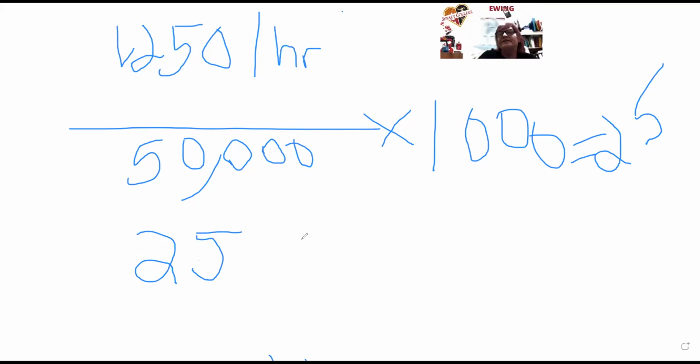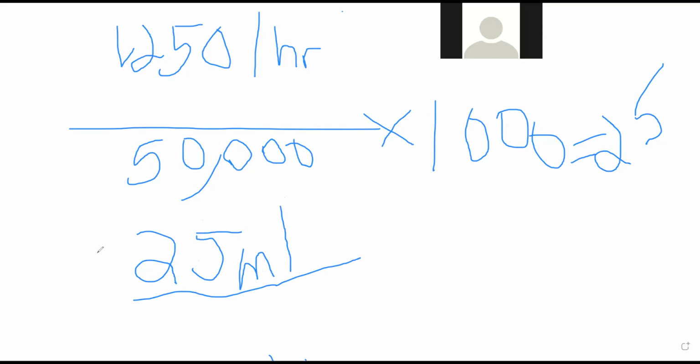So if we take our 25 mLs, because that's our total volume now, and our time is still 60 minutes, because 1 hour equals 60 minutes, right?